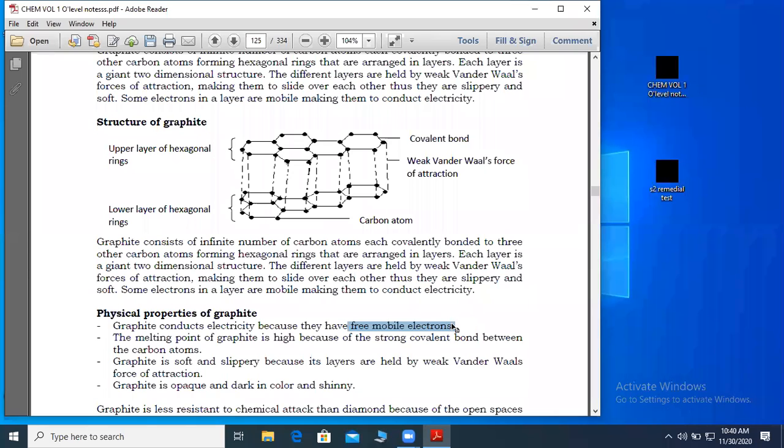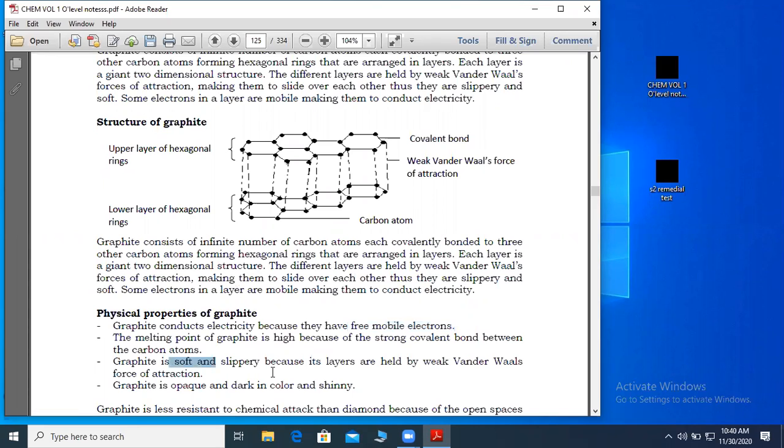Each carbon atom is joined to 3 other carbon atoms, meaning one electron is left unbonded. The melting point of graphite is high because of strong covalent bonds between the carbon atoms.